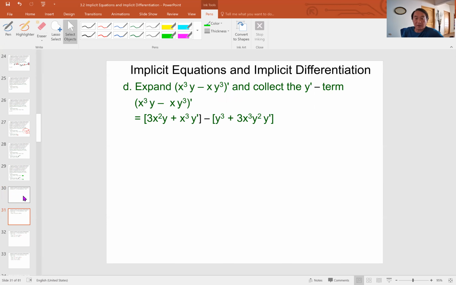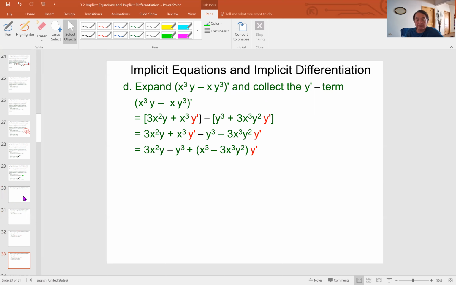And this is always very easy. You collect everything that doesn't have y prime as one part, and everything with y prime as another group, and then take the y prime outside. And that's it. This is the basic algebra that we'll be doing.